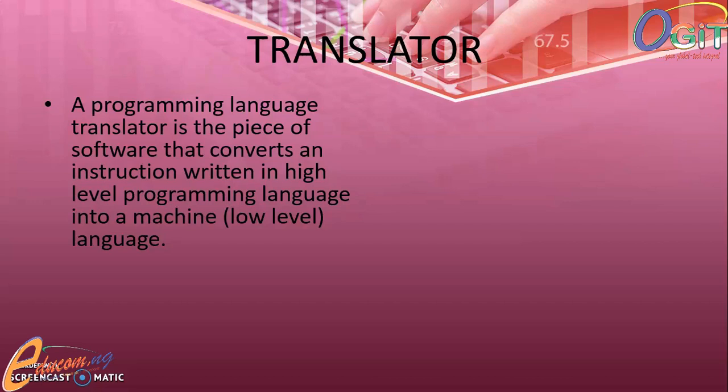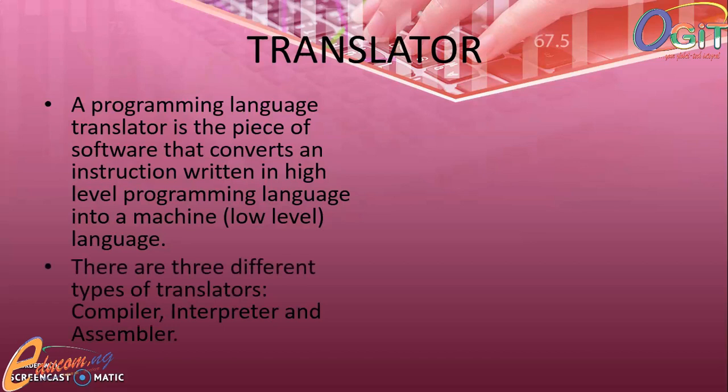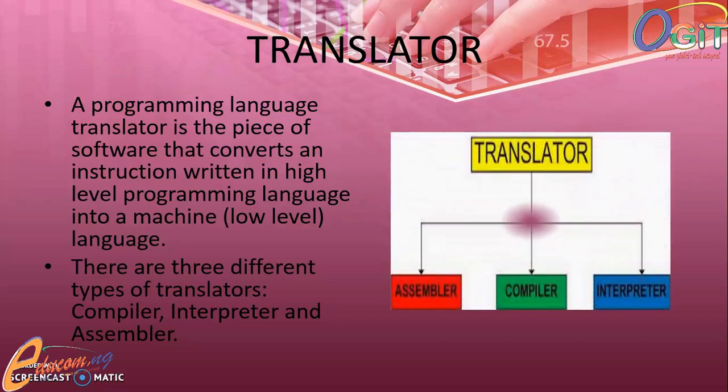The high-level programming language is similar, or very close, to human language. That is what we as humans understand. But what the computer understands is the machine or the low-level language. There are three different types of translators. We have a compiler, interpreter, and assembler. This is a diagram that is showing translator and its types.